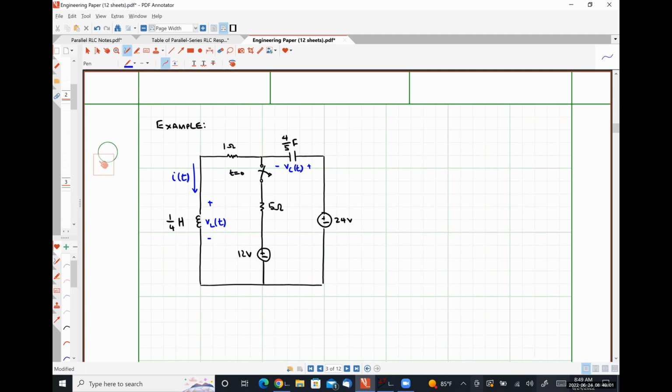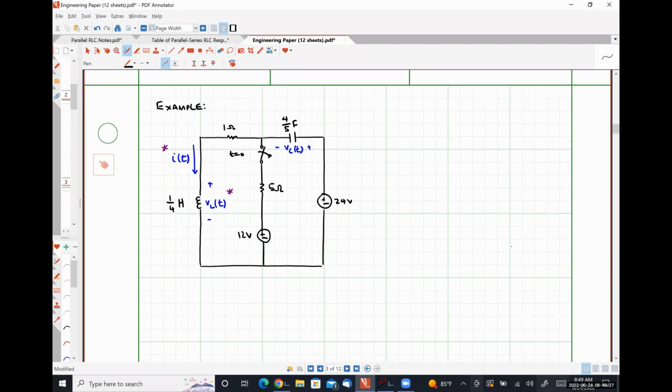Our quantities of interest are the inductor current and the inductor voltage, just so that I can walk you through the steps of determining these things. All right, so this is our circuit of interest.